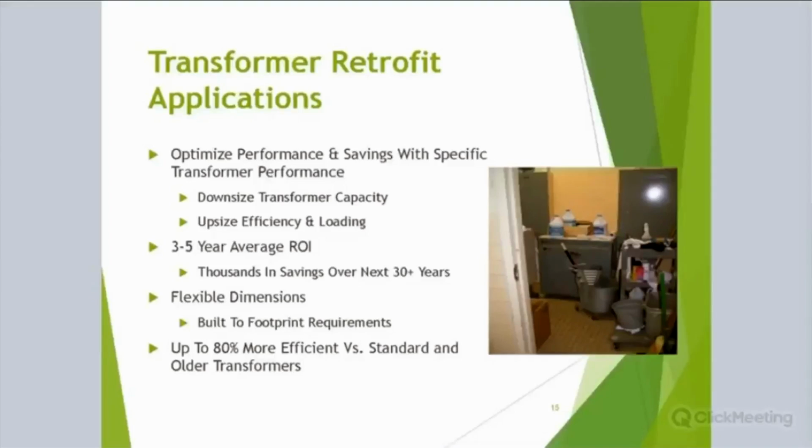Problem is, transformers become a very good shelf for storing products, as you can see in the picture. Never want to see things stored on a transformer, but it happens.